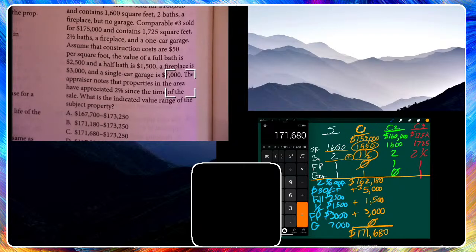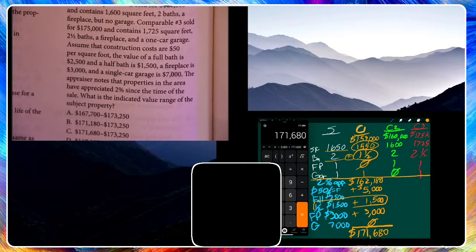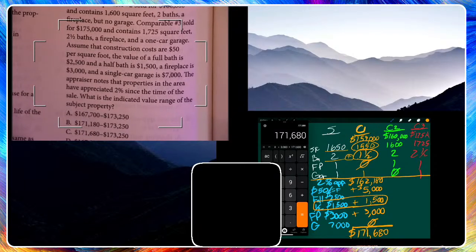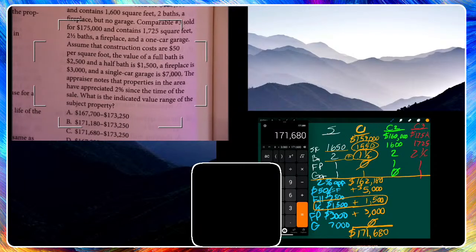And so that's why I added 1,500 here, because a half bath is worth $1,500. I'm thinking if 2 baths are, what was it, 2,500 each? Uh-huh. $5,000. That's for the subject. If you try to match the comparable, that $5,000 in baths, I don't know if adding 1,500 to that would be the correct answer.